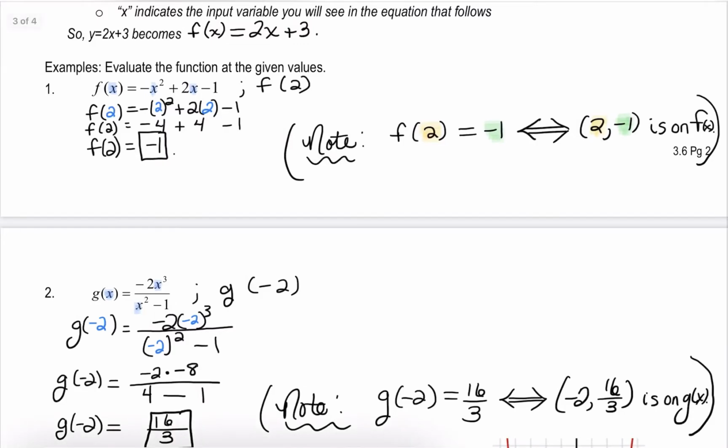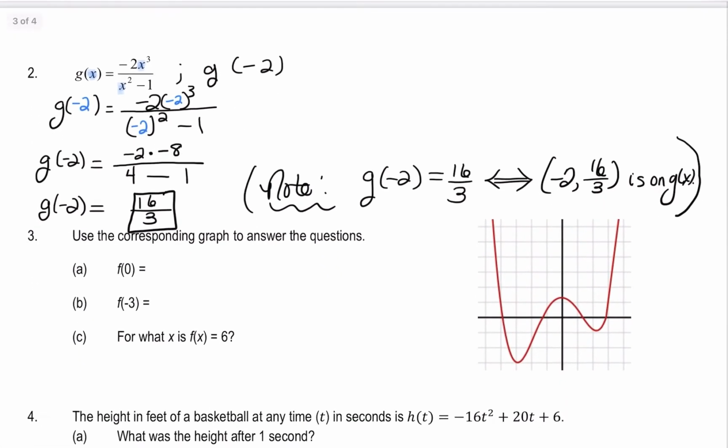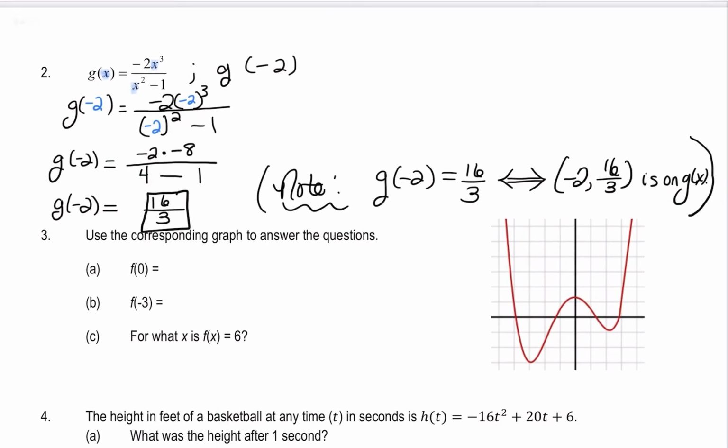Okay, so we're going to continue using our function notation. Now we're going to answer a similar type of question in 3A that we did in numbers 1 and 2, but we're doing it with the graph. Keep in mind, this input here is 0, or in the next one it's -3, and that is our x value, the independent variable.